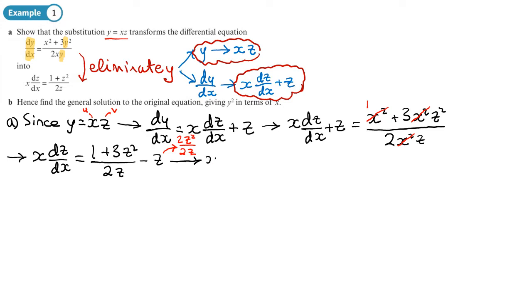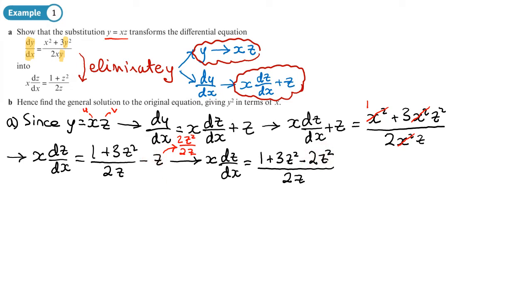So then what I'll have is x dz dx equals 1 plus 3z squared minus 2z squared over 2z. So there's the z incorporated into this.